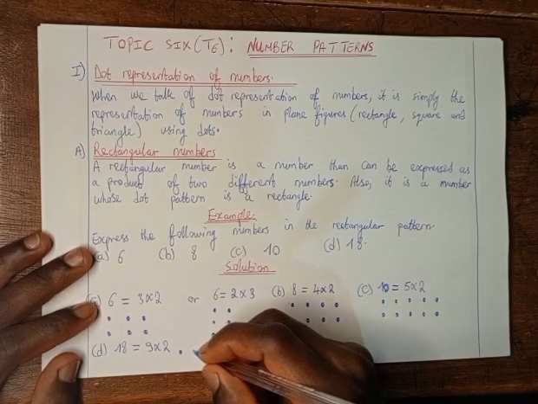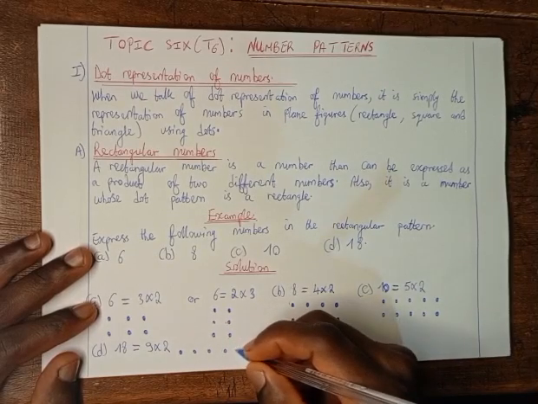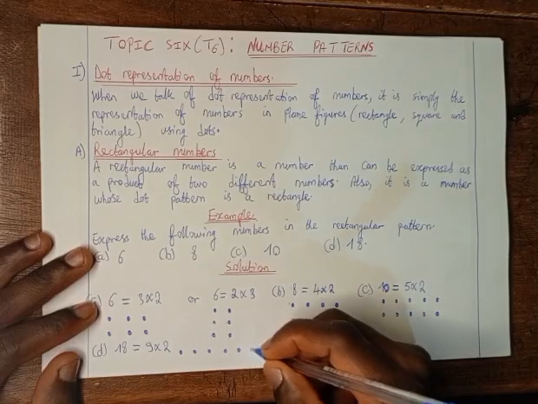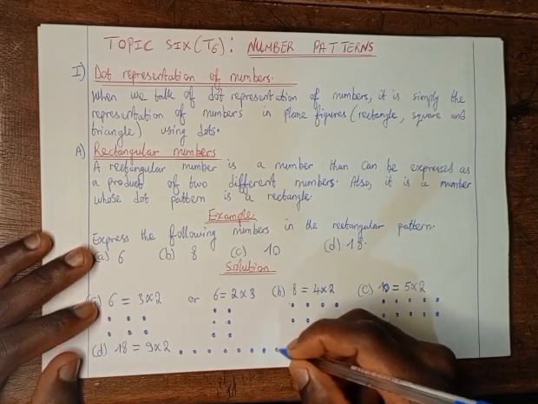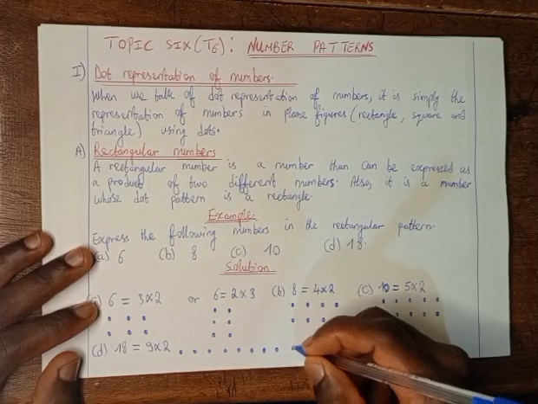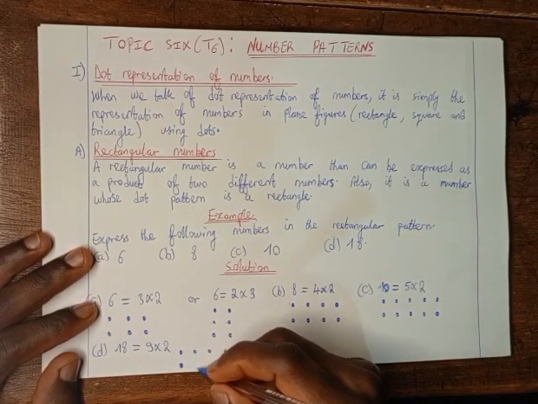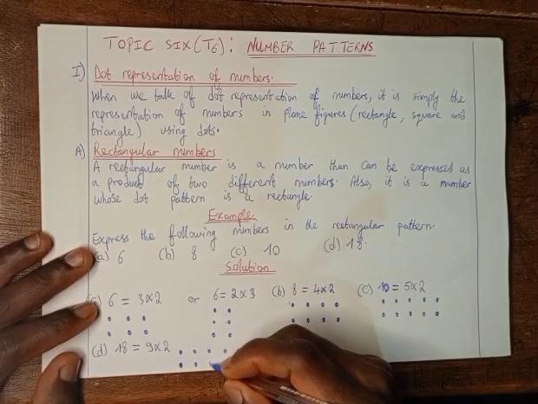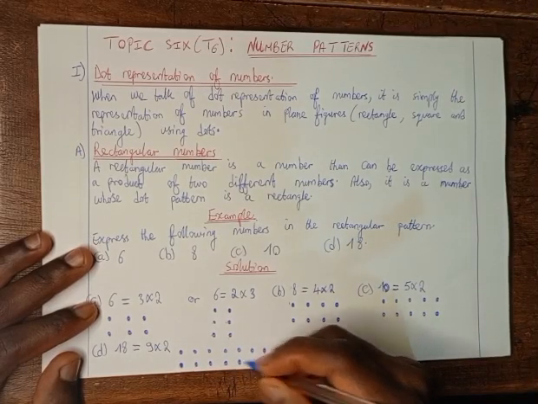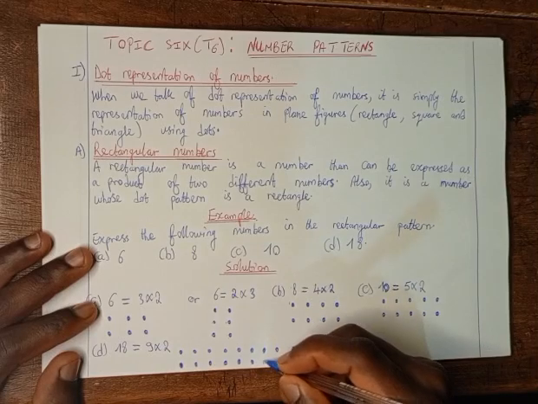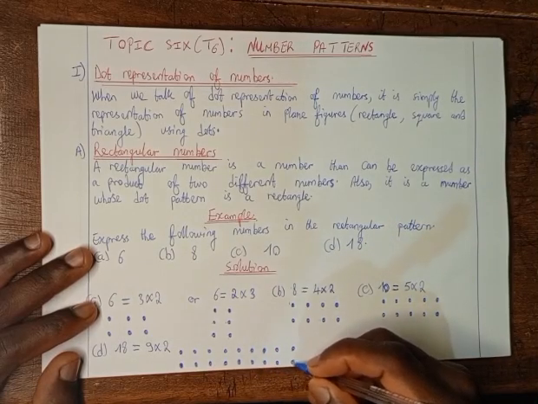We have 9 dots. Below these 9 dots, we have 9 other dots.